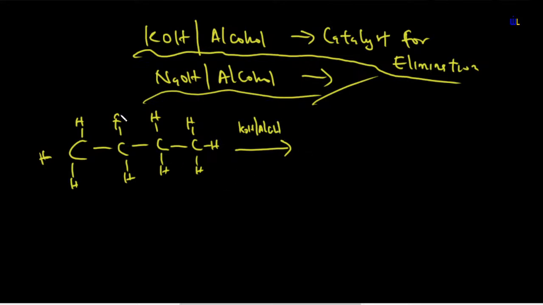Now, this is a halogen. And if I want to remove a halogen, I'll remove a halogen and a hydrogen from an adjacent carbon. So I can remove this halogen, fluorine, and remove this hydrogen.